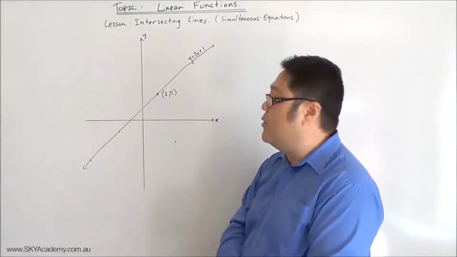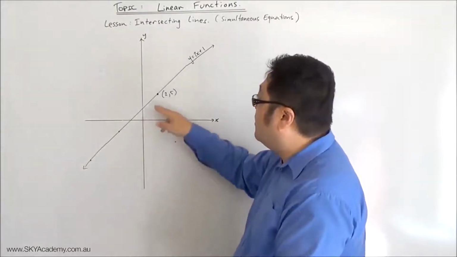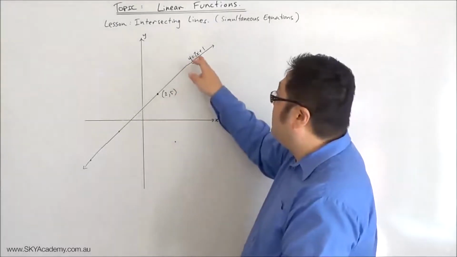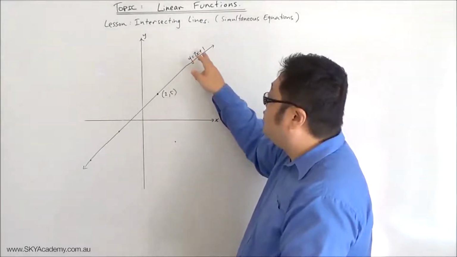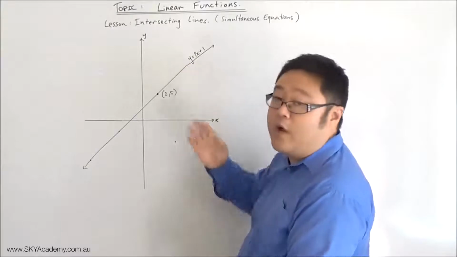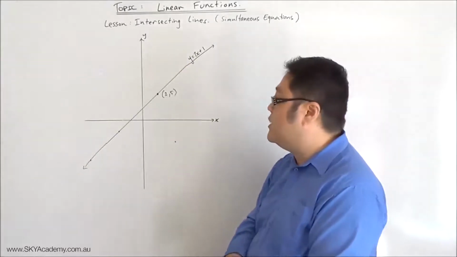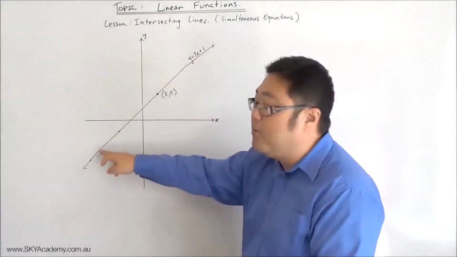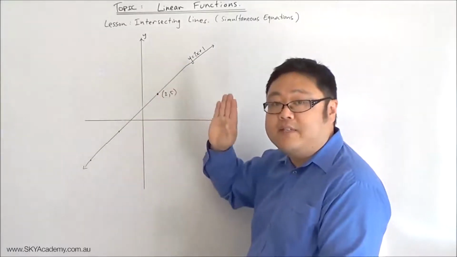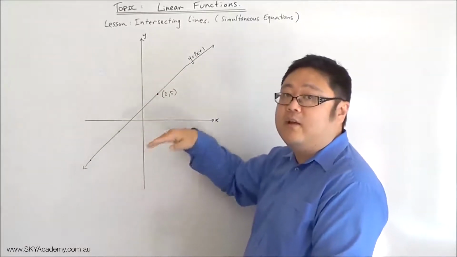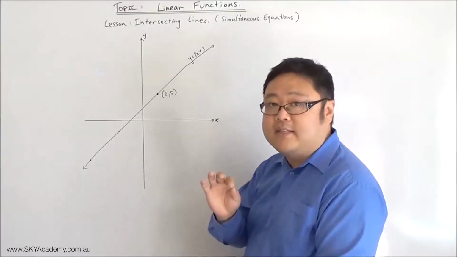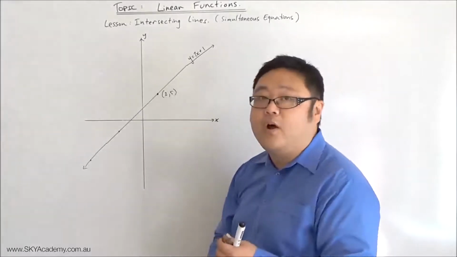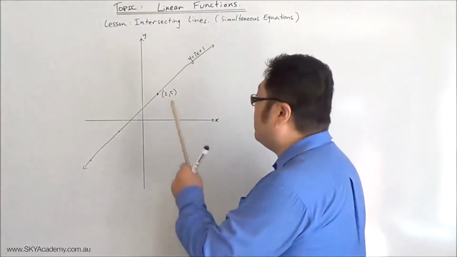The answer is no. Will the origin 0, 0 satisfy this equation? 0 for x plus 1 is 1, not 0, so no, it won't satisfy the equation. So the only points that satisfy this equation are the points that lie on this line, and every single point that does lie on this line will satisfy the equation.